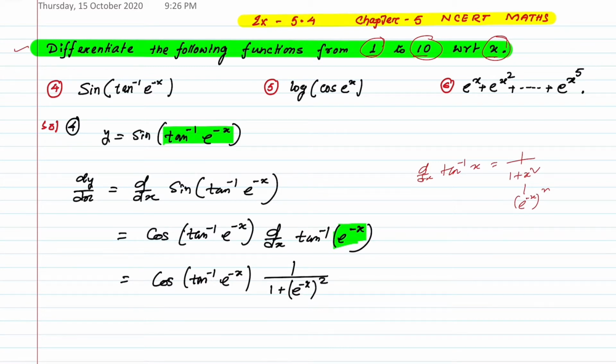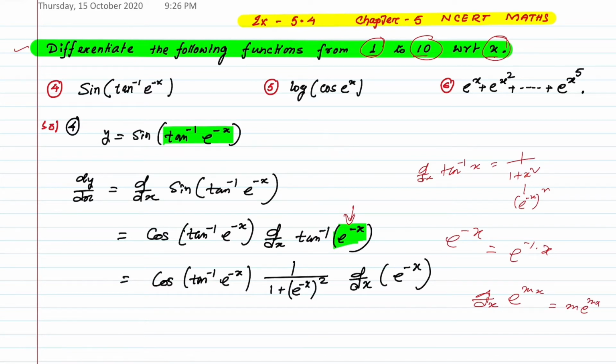Then again, this is another function, so you have to write the derivative of e to the power minus x. e to the power minus x can be assumed as e to the power minus 1 into x, and we know the derivative of e to the power mx is equal to m e to the power mx.